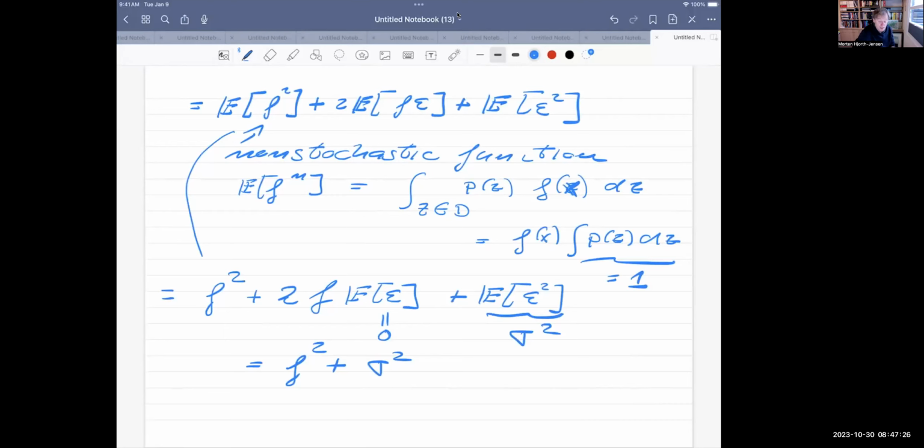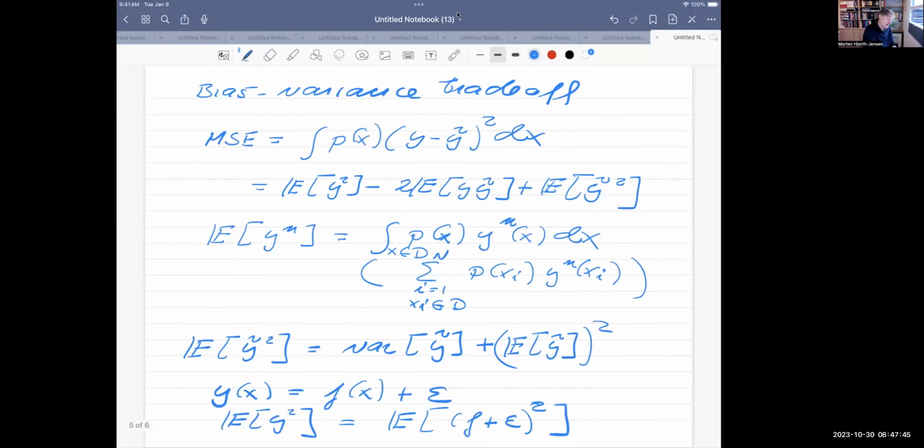Now, what we need to look at next is the term which goes like E of, sorry, not f, but y tilde multiplied with y. So this is the term which we had in here. If we remind ourselves of the equation, it's this specific term, and at the end we're going to look at that specific term here.